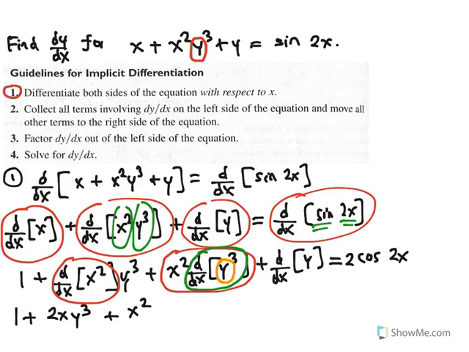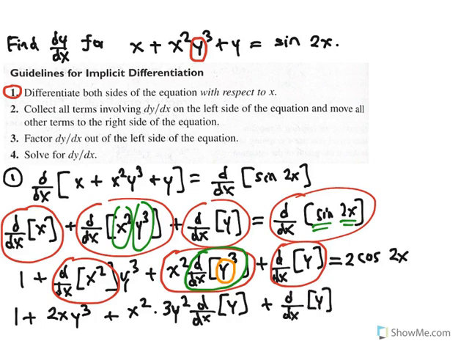The outside function is the power function raising to the third. So you use the power rule, you get 3y squared, and then you multiply by the derivative with respect to x of the inside function y, using the chain rule. So now you have plus this will give us the derivative with respect to x of y, which is dy dx. And that's equal to 2 times cosine of 2x.